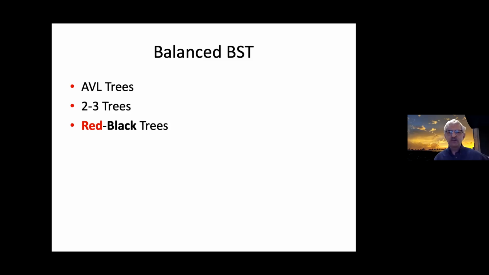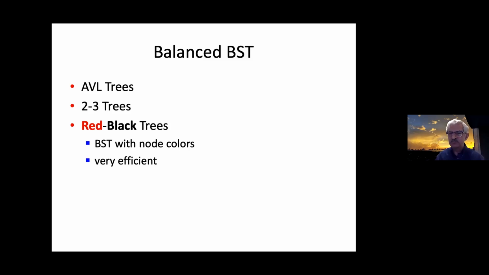In a red-black tree, the procedures are very efficient. The main difference is that it's a binary search tree, but each node will have colors. Every node will either be a red node or a black node. All the operations are quite efficient, but more importantly, insert and delete operations are super efficient.